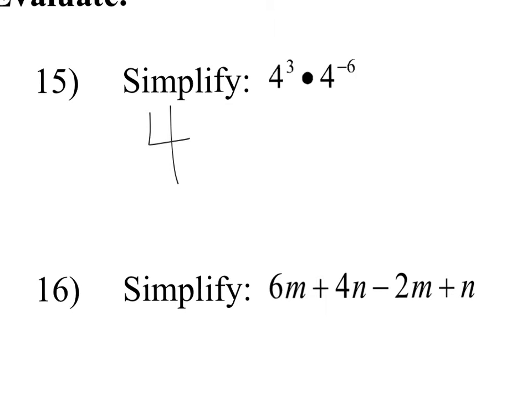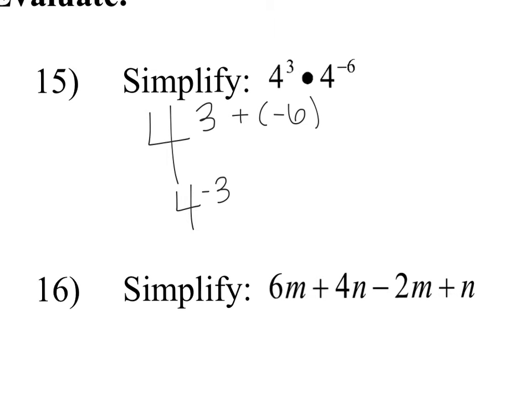When you have the same base and exponents, you end up adding them. You can certainly use your calculator for this. So it's 4 to the power of 3 plus negative 6. So it would end up being 4 to the power of negative 3.